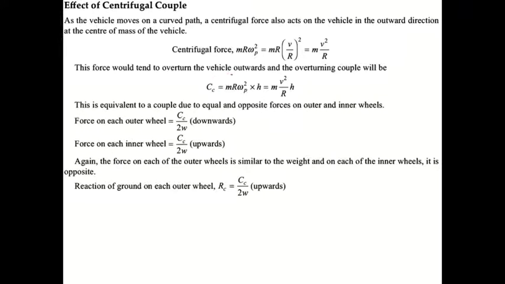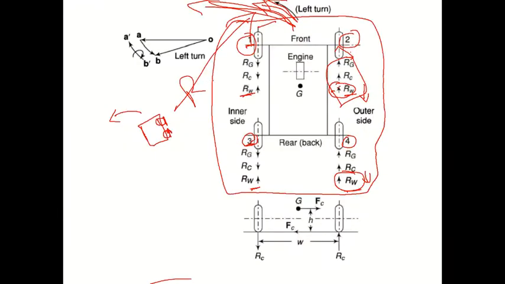Next, centrifugal force Cc. Three forces are there: Rg, Rc, Rw. Rw is the reaction force due to the self weight of the vehicle, Rc is the reaction force because of the centrifugal force, and Rg is the reaction force due to the gyroscopic couple.